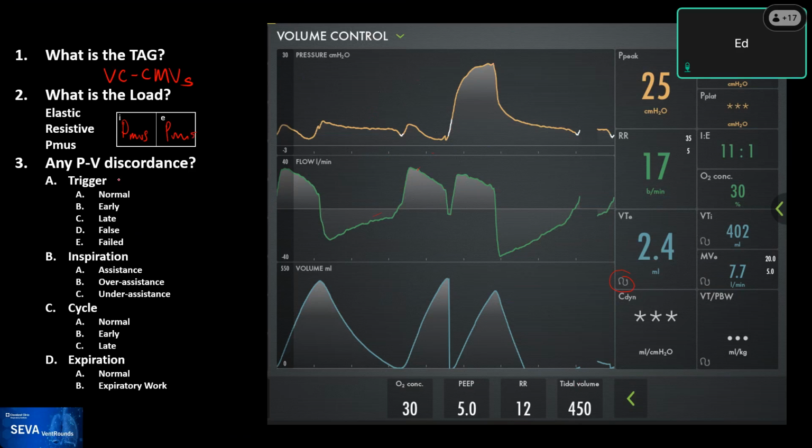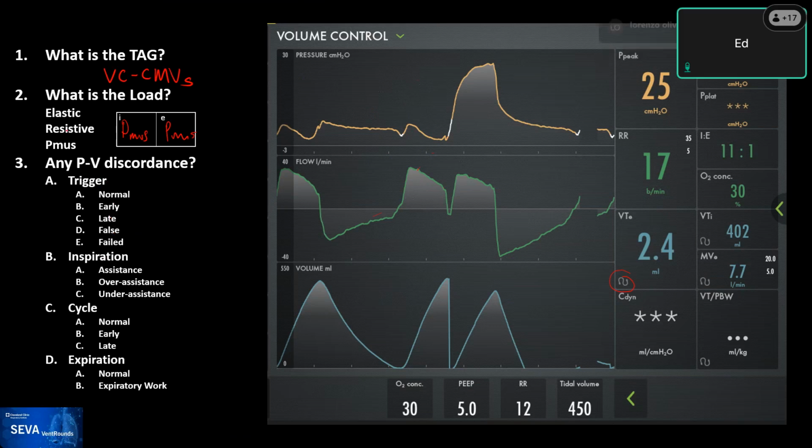All righty. So let's go into the PV discordance. In terms of trigger, do you see any abnormality? Is it normal, early, late, false, or failed? Okay, good.